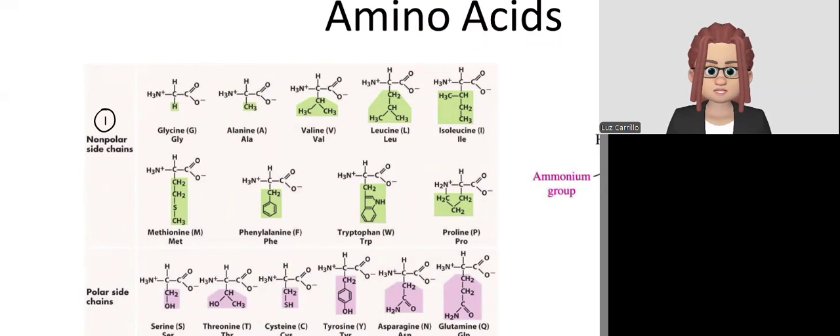The only one that is not a hydrocarbon is going to be the one in methionine, which this side chain is called a thioether. Thio because we have a sulfur, ether because that sulfur is in between two carbon chains.